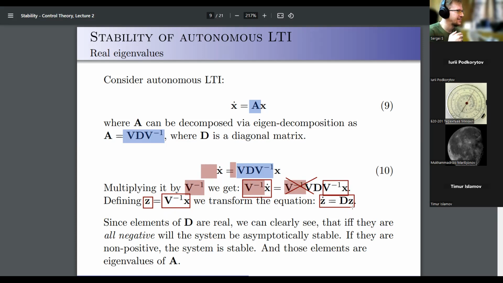And we said that if elements of D are real, and we assume that it is a case of real eigenvalues, if at least one of them is positive, the system diverges. If all of them are strictly negative, the system converges, so it is asymptotically stable. If at least one of them is zero, but they're all non-positive, then the system is marginally stable.